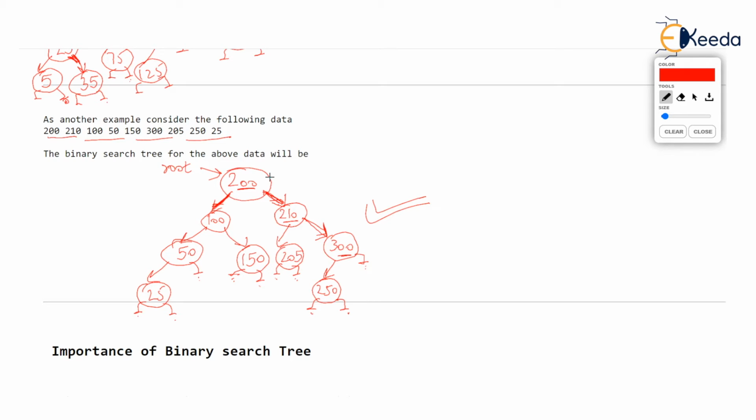Now, these 200, 100, 210, 50, all these numbers which I have shown are usually some primary keys in a database or in searching applications. Like this 200 might be roll number of a student, and 210 is a roll number, 100 is a roll number. You know that two students will never have the same roll number. Or maybe these are train numbers running on various routes of our country.